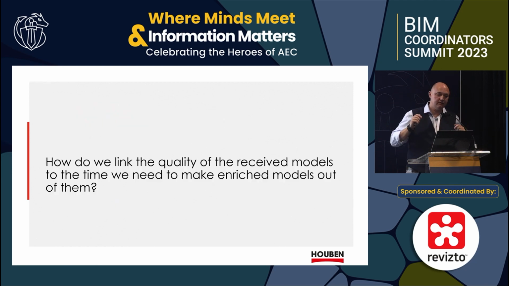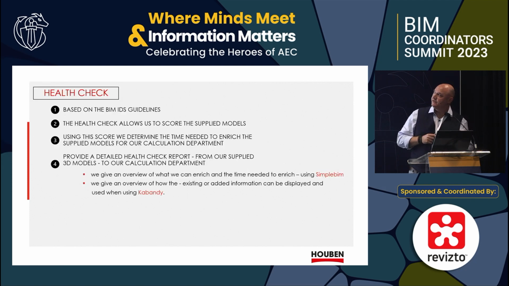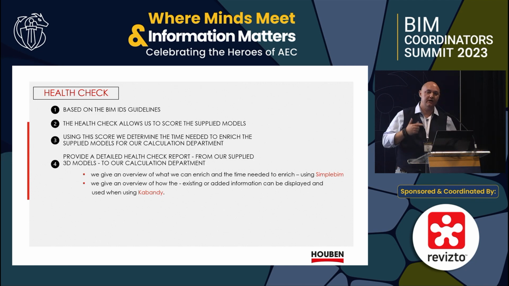So we asked ourselves a question: how can we link the quality of the received models to the time needed to make enriched models out of them? That's a very big question. And the answer is the health check. The health check is something that we made, and it is based on the BIM IDS guidelines, the information delivery guidelines.